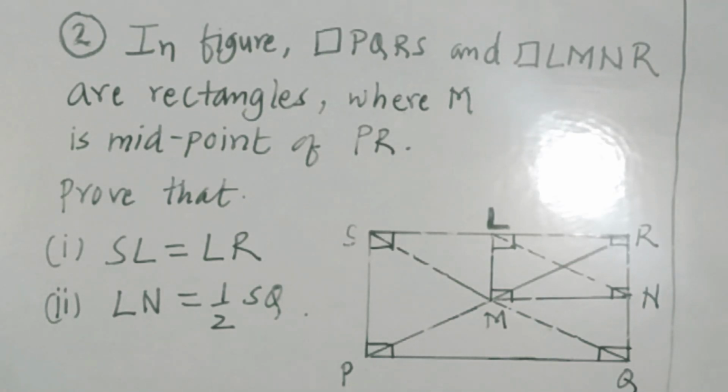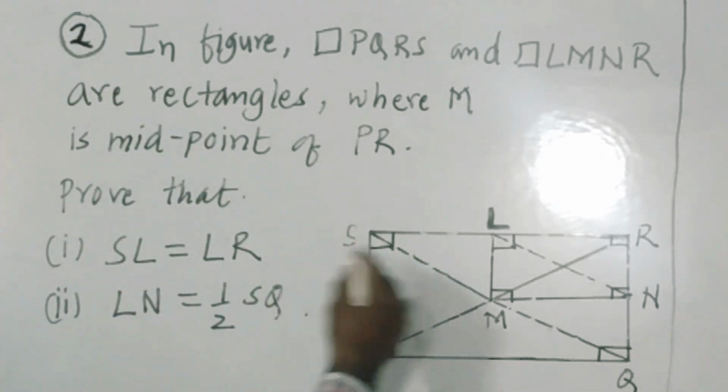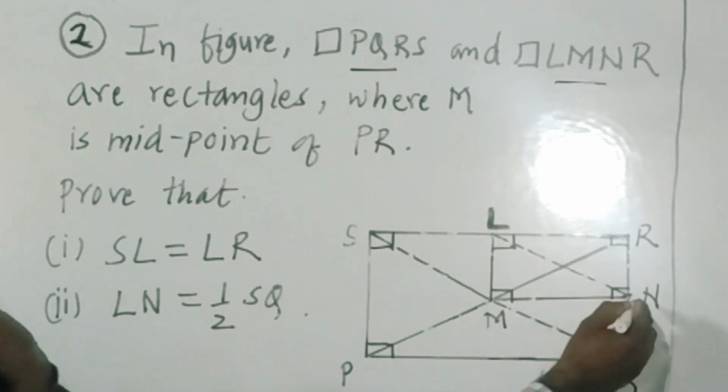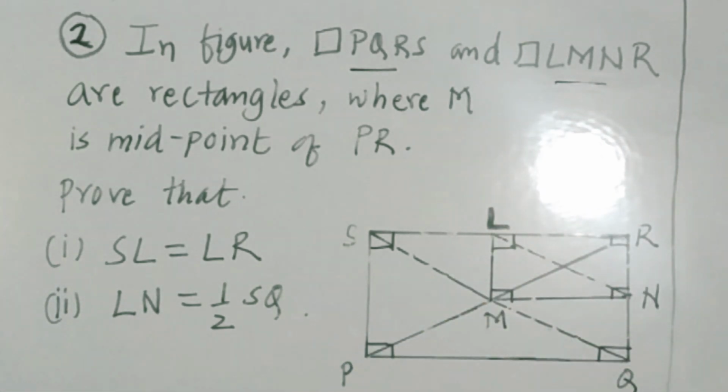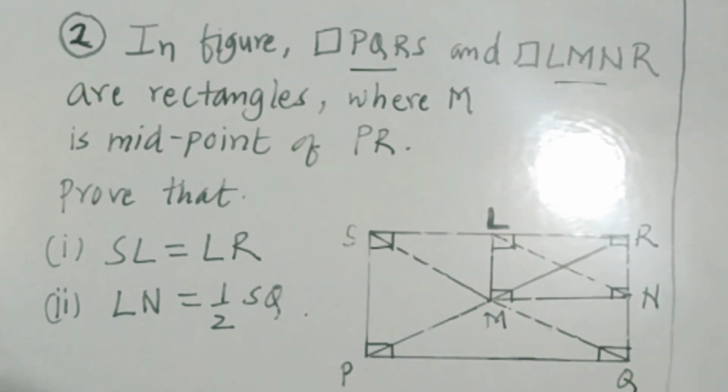Second example, in the given figure, quadrilateral PQRS and quadrilateral LMNR are rectangles where M is the midpoint of diagonal PR.